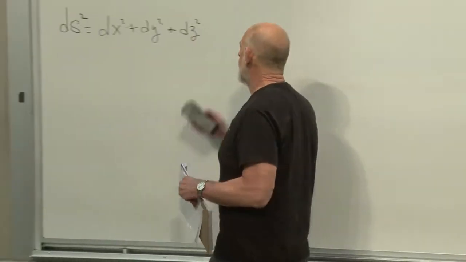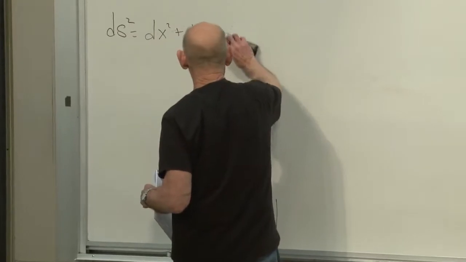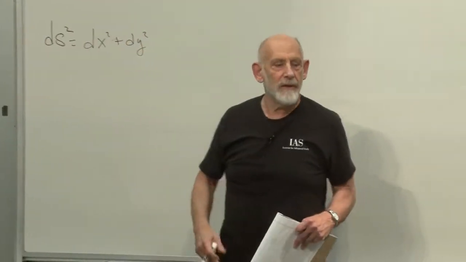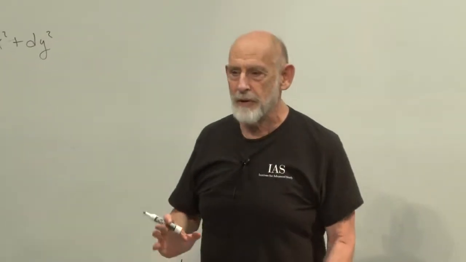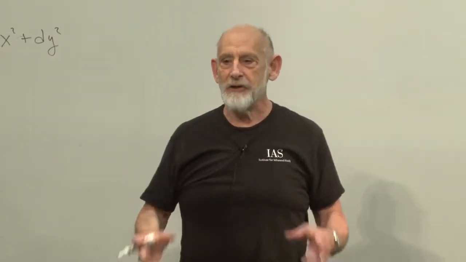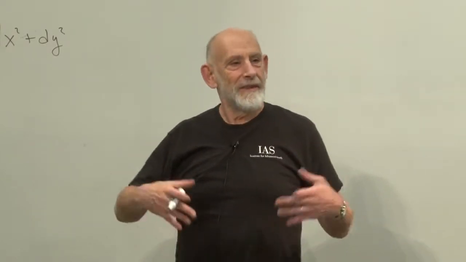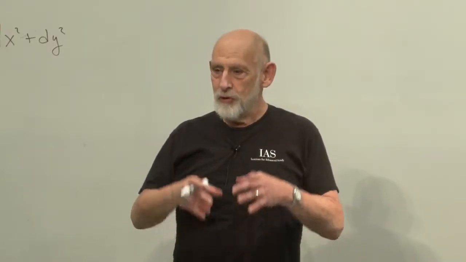And instead of working in Cartesian coordinates, let's work in polar coordinates. Polar coordinates have some nice features when you think about cosmology. They have a center. And if you think of the center as you, they have a natural place to put you.